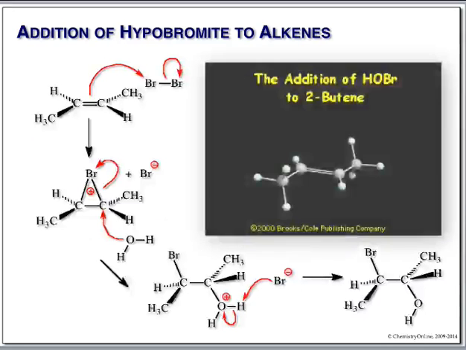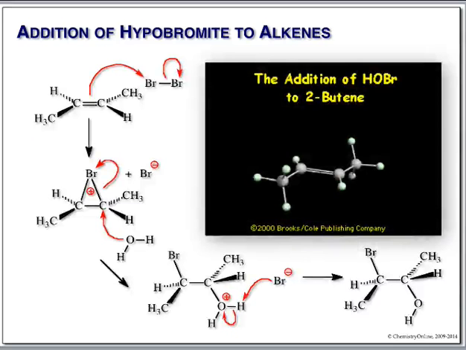All right, here's what's happening. When we did the addition of bromine, our ring attacked, we formed a bromonium ion intermediate, right? The bromonium ion intermediate was attacked by Br-.